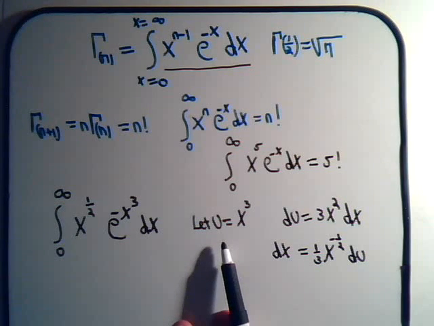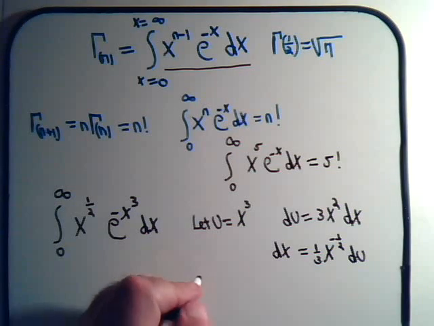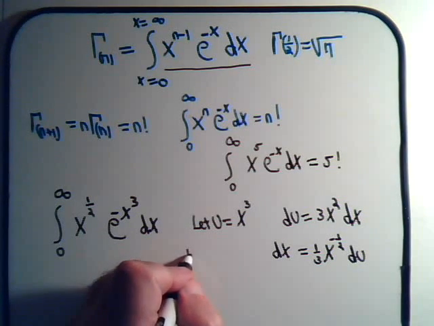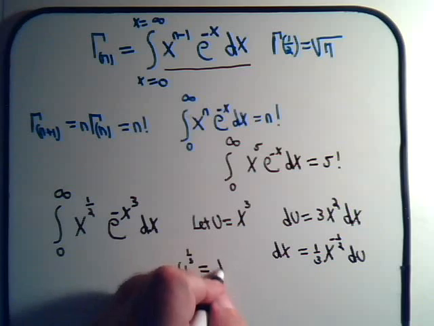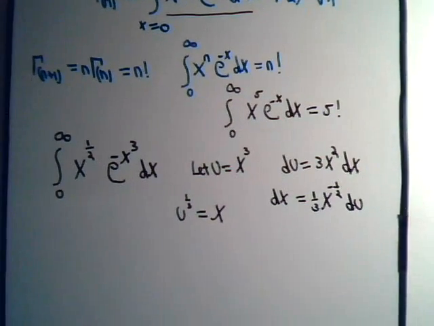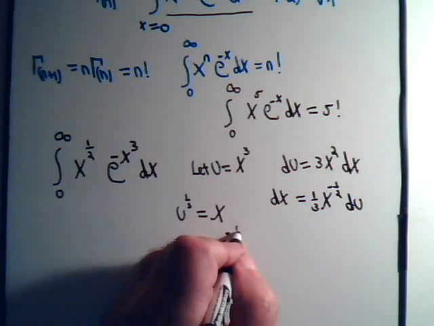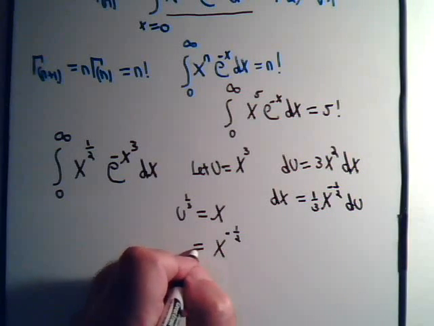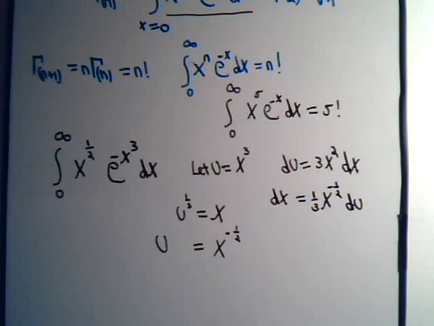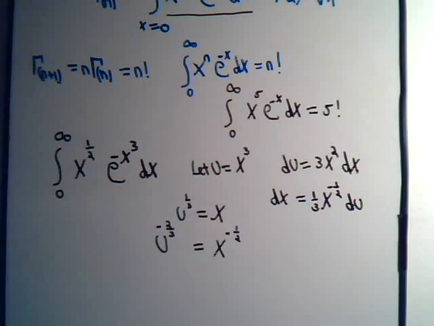So we go back to our original substitution. Looking at this, we would say u to the 1/3 would equal x. So x to the minus 2 would be u to the minus 2/3.